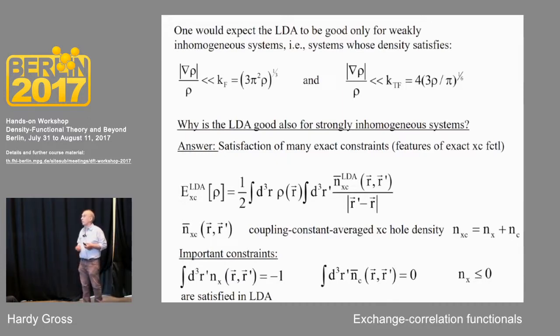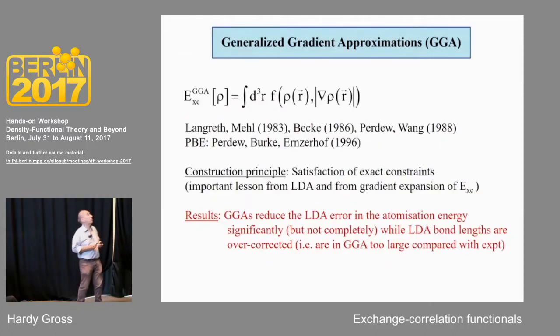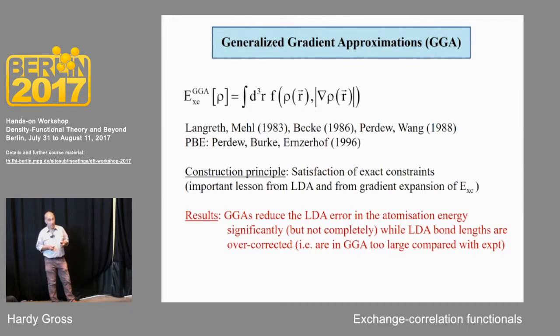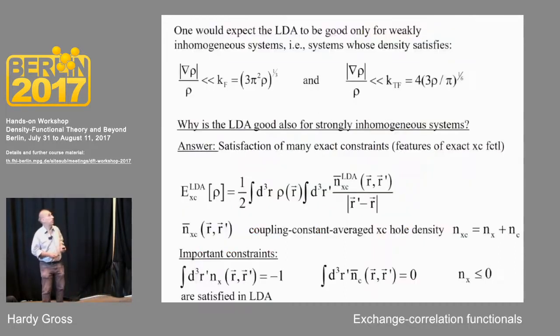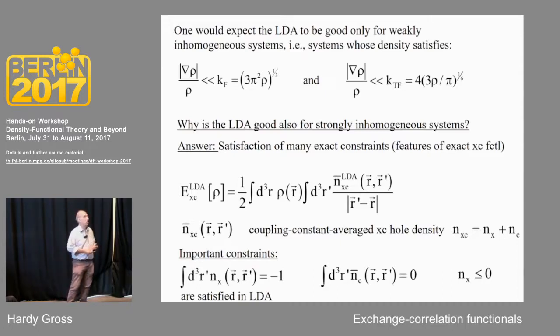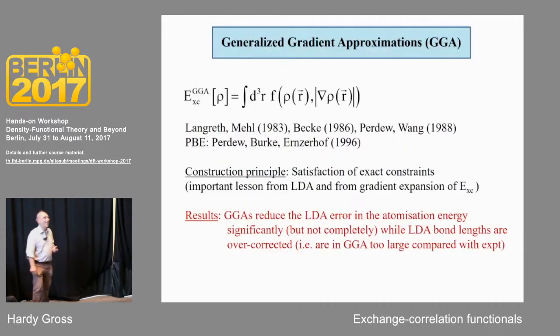So this is what one understood, and it's important to satisfy that. In fact, the first GGAs arose from a gradient expansion, but then enforcing on top of that these three conditions. It's known as real space cutoff. You cut off those parts of n_x that are wrong, and then you get a decent result.